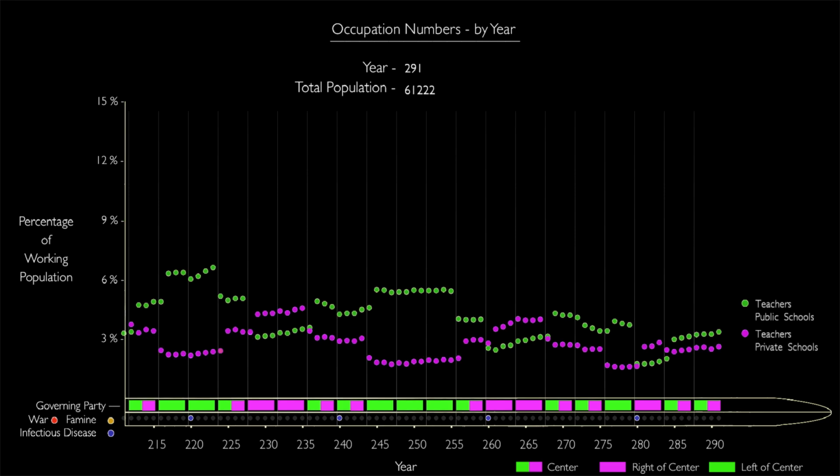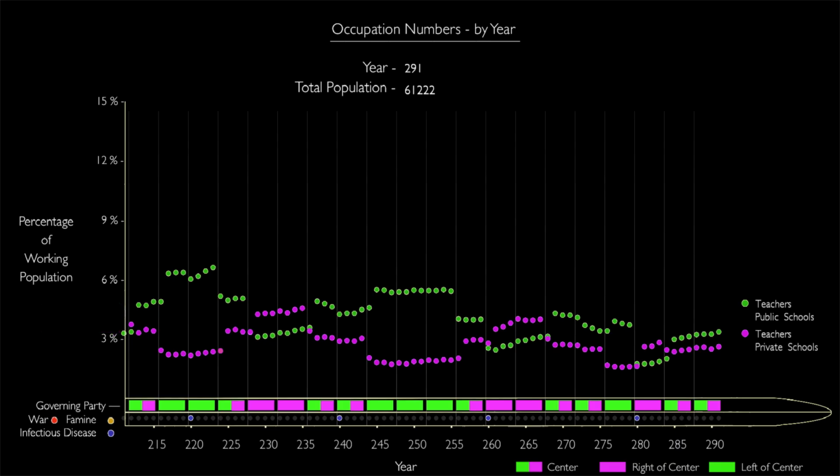Now let's see how another caregiving type of occupation fared, that of the teaching profession. Once again, the same fluctuating pattern is occurring for public and private school teachers. The funding level of the centre party creates a baseline for the number of teachers at each type of school.